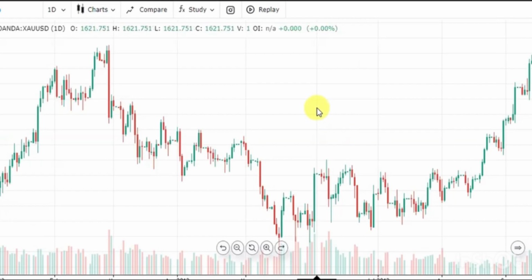Alright guys, so we're talking about order block in this session. Order block is the last opposite moving candle before the break of structure. So basically the order block is the last opposite candle before the break of structure, right? So I want to highlight it.